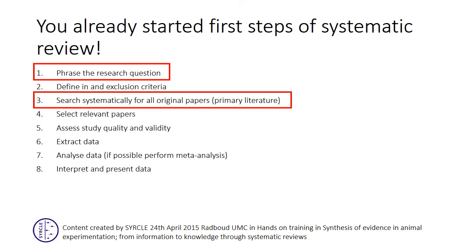From this point, you can define some exclusion criteria from your bibliographic database or your own reference manager, and you can select relevant papers and assess the quality and the validity of the studies by the evaluation of bias, and if possible you can extract the data and try to make an analysis and present the data.